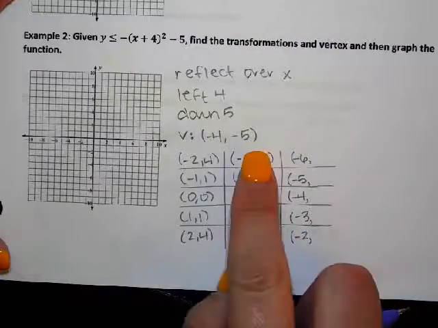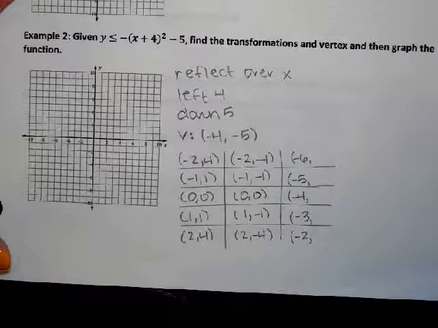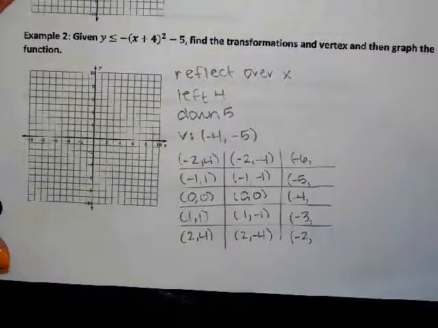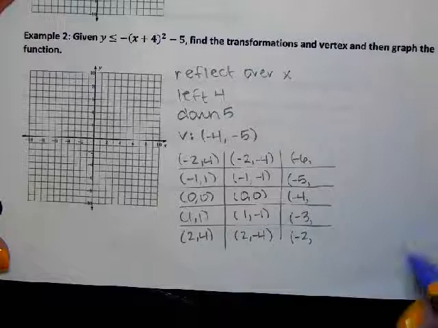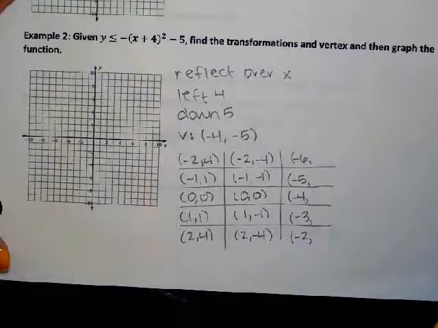And then how do we go down 5? Which coordinate do we do it to and how? The y coordinate. And then how do you go down 5? Subtract. So taking all the y coordinates and subtracting 5.